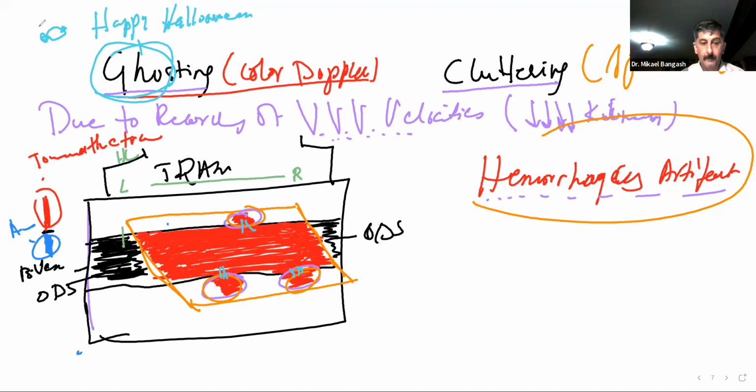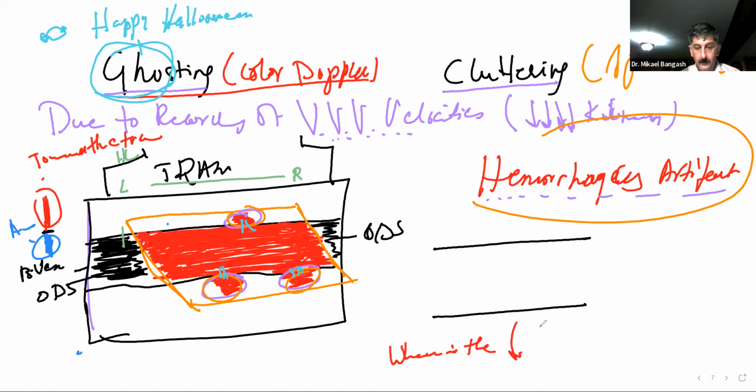Now, girls, in this blood vessel that we scanned in a color Doppler, where is the low velocity? And my question is also: where is the high velocity?